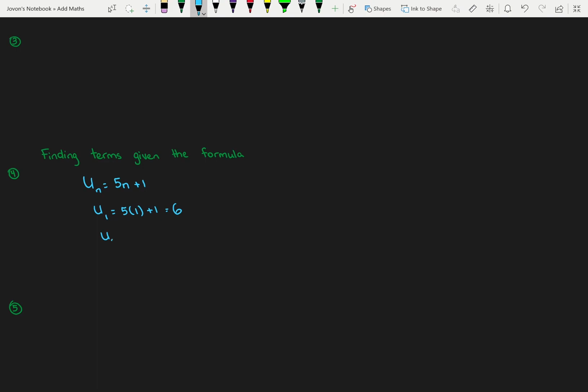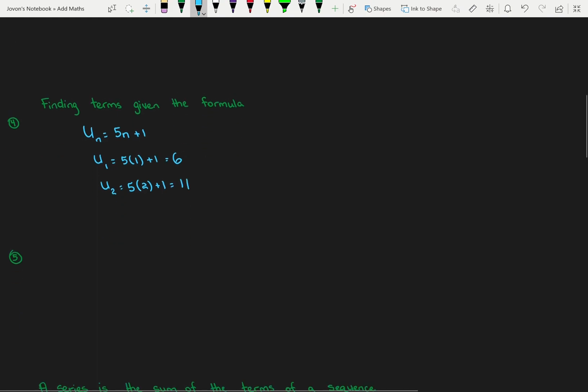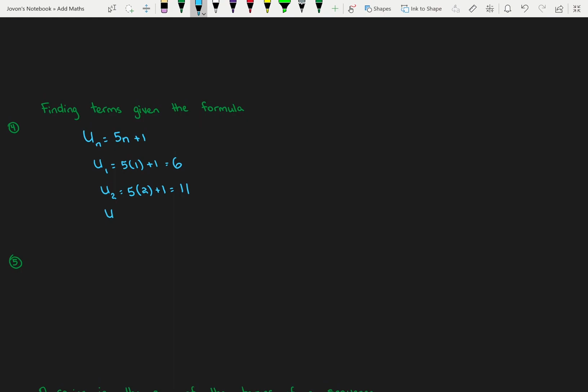U of 2 is equal to 5 into 2 plus 1, which is equal to 11. Again, u of 3 is equal to 5 into 3 plus 1, which is equal to 16.